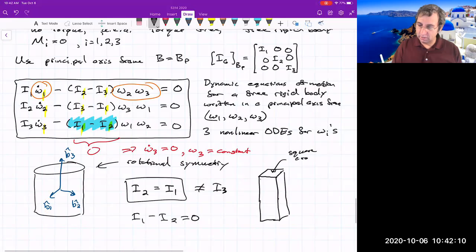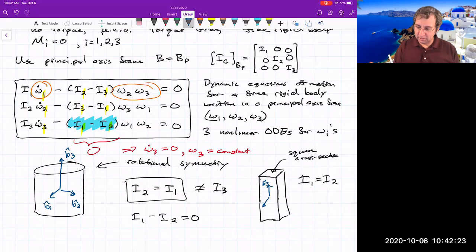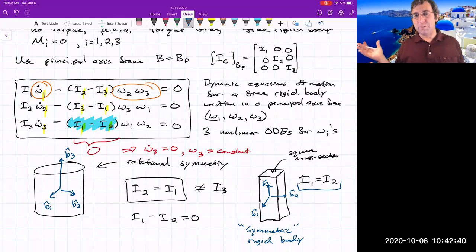If I had a square cross section, then here I1 would also equal I2 if I have the directions the same. So B3, and then perpendicular or normal to one of the faces is B1 and normal to the other face is B2. So this also is called a symmetric rigid body, because all we're talking about is, are two of the moments of inertia the same?